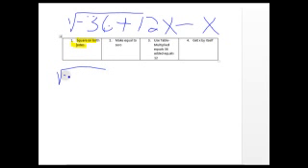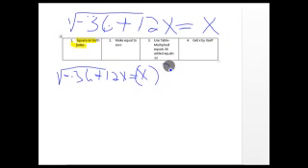Just write it down. And we're going to square on both sides of the equal sign. Square here, square there. This gets rid of the square root.